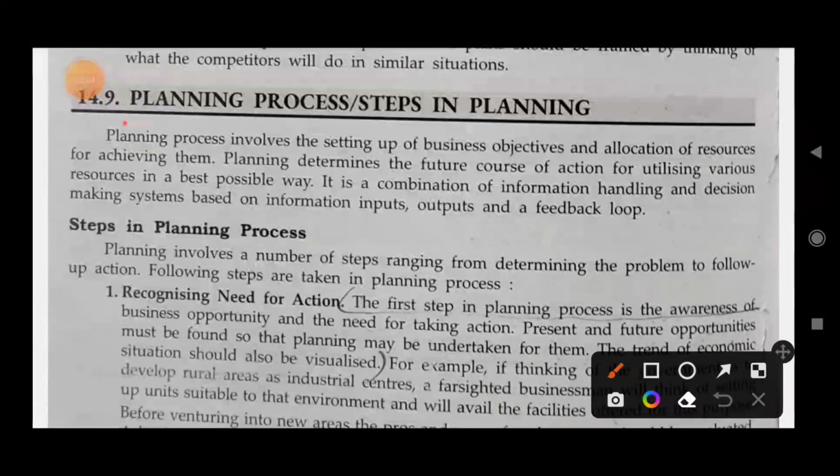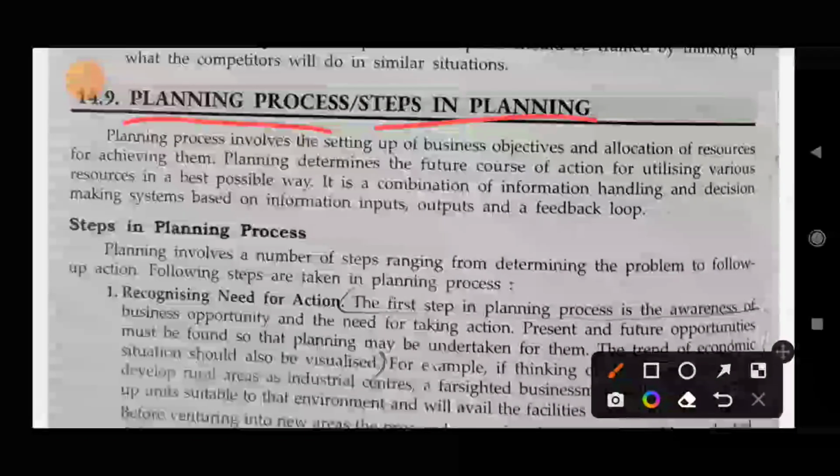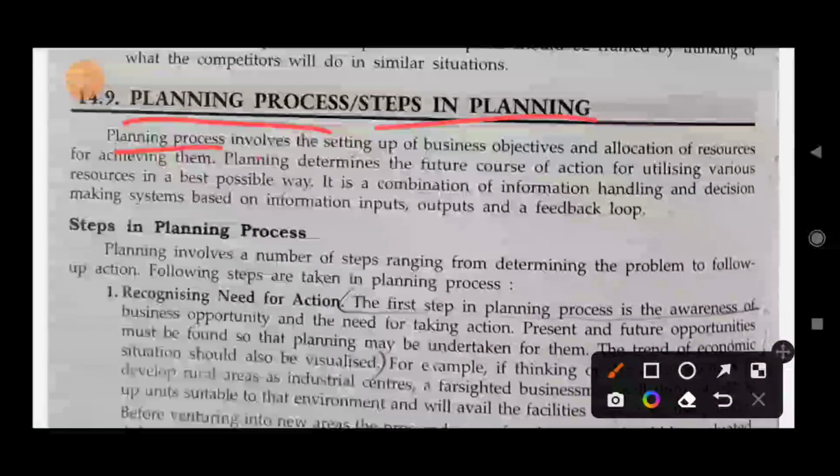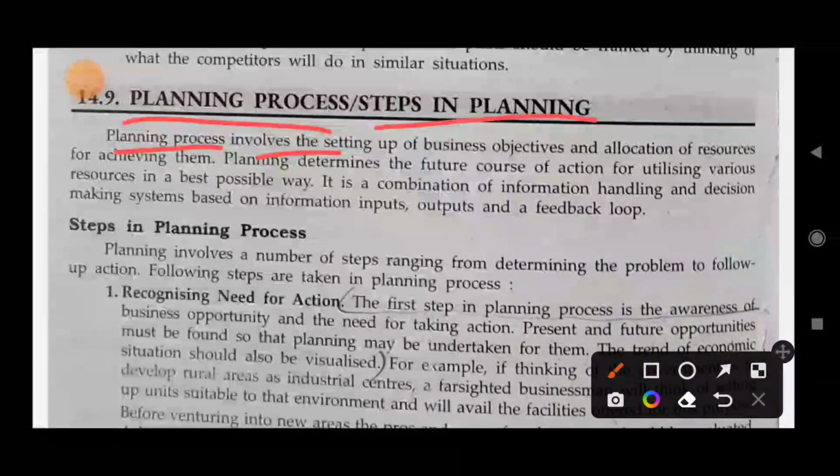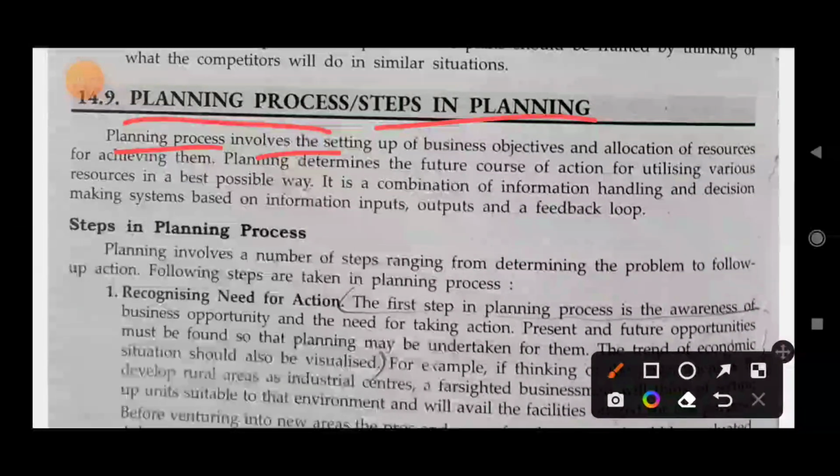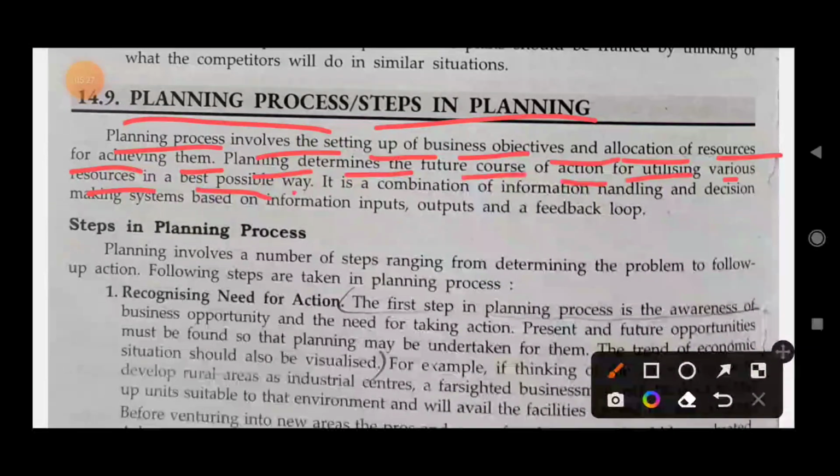So let us see the planning process, steps involved in the planning process. Okay, so the planning process involves setting up business objectives and allocation of resources for achieving them. Planning determines the future course of action for utilizing various resources in the best way.